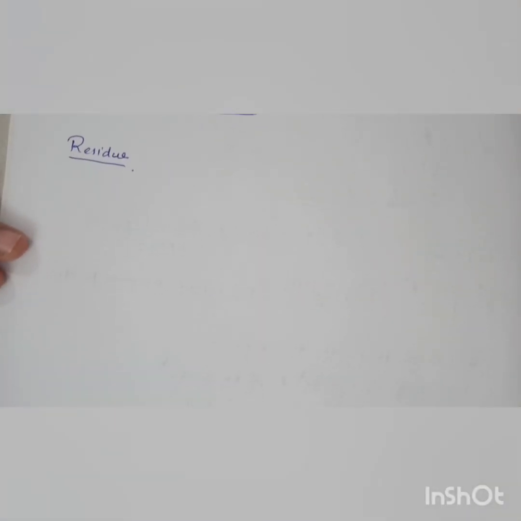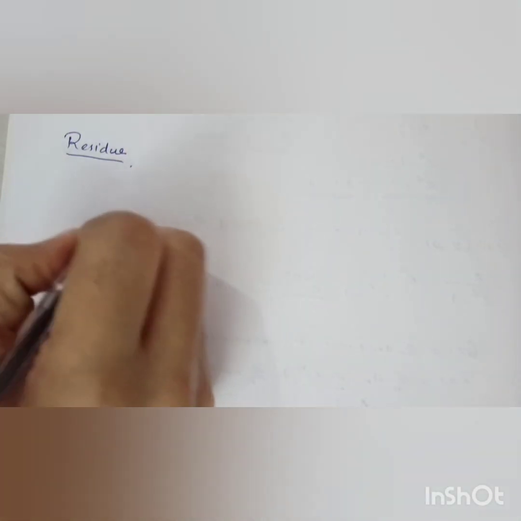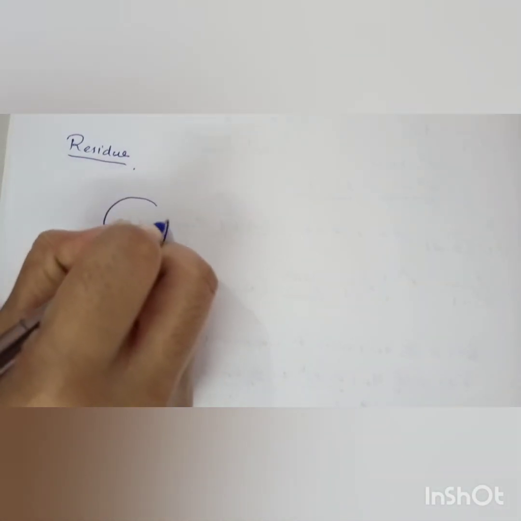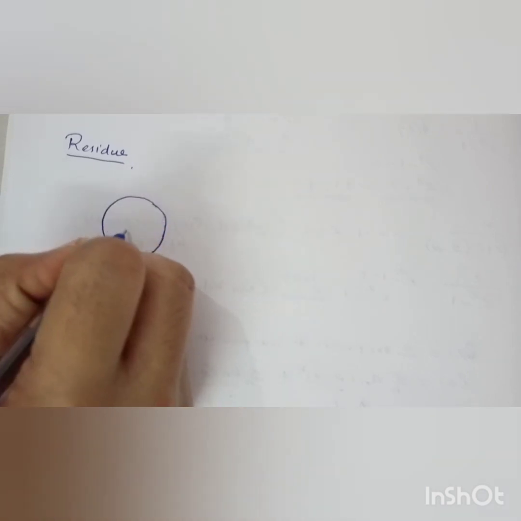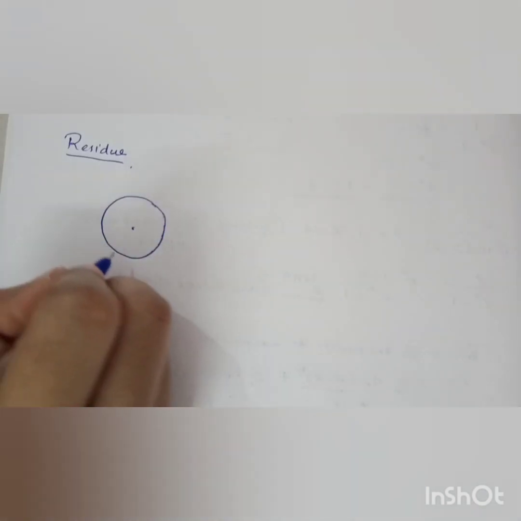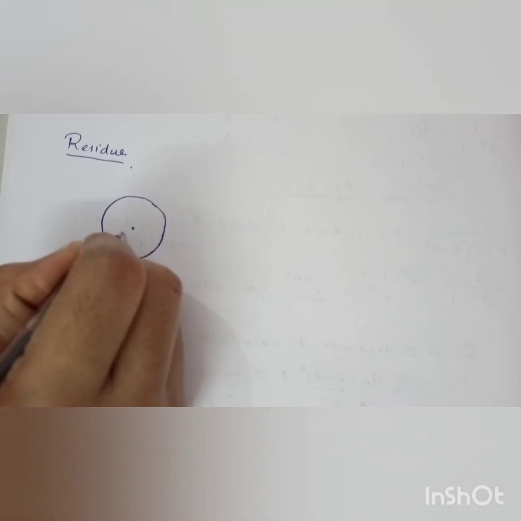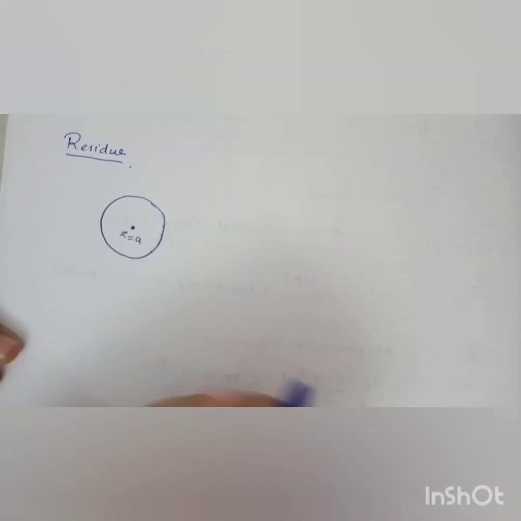Okay, so residue. When finding singular points, we know that at a singular point the function is undefined. If you are considering a domain in which a function is undefined at z is equal to a, that is a singular point.